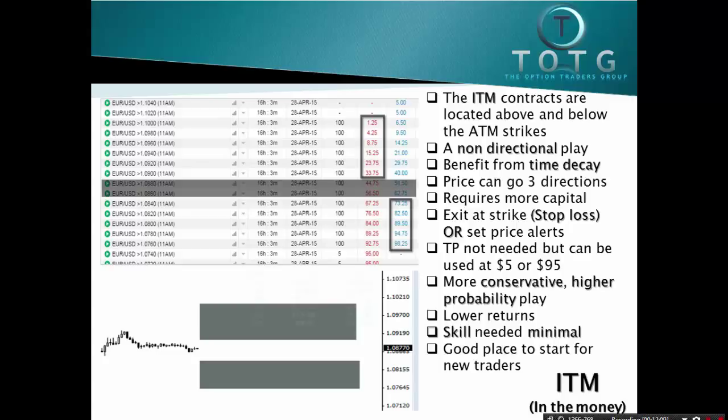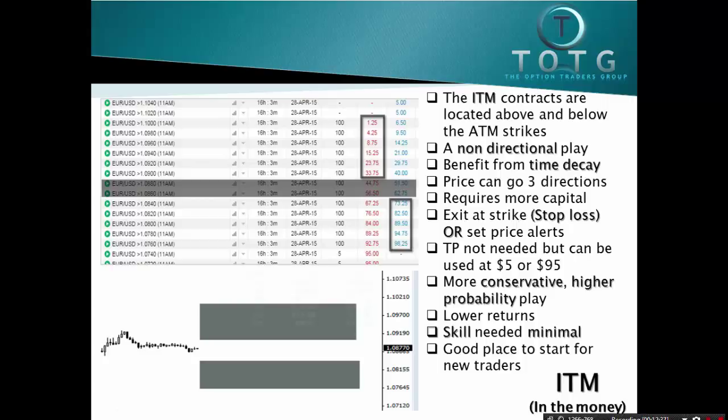So on an in-the-money trade, say you sell for $23 up here. That would be the amount that you would make on the trade if it works out in your favor. If price stays below, you would make $23 on that trade. The thing about the in-the-money is that they require more capital to put the trade up.